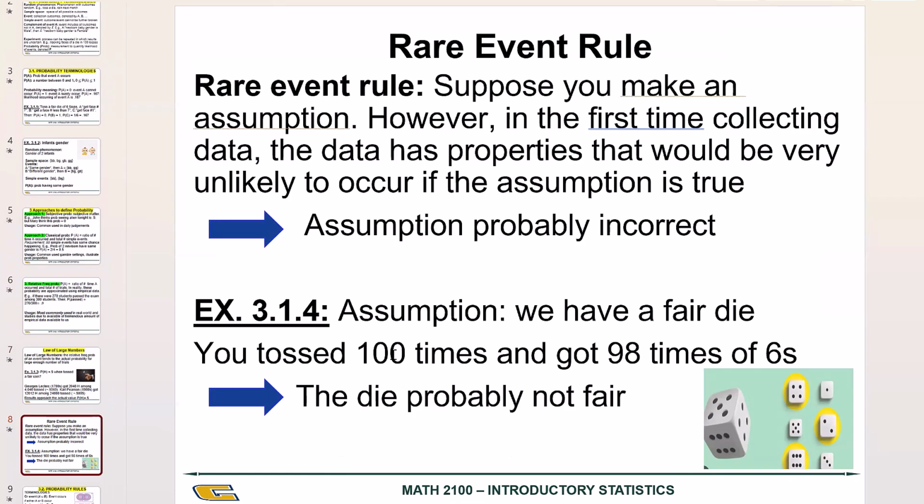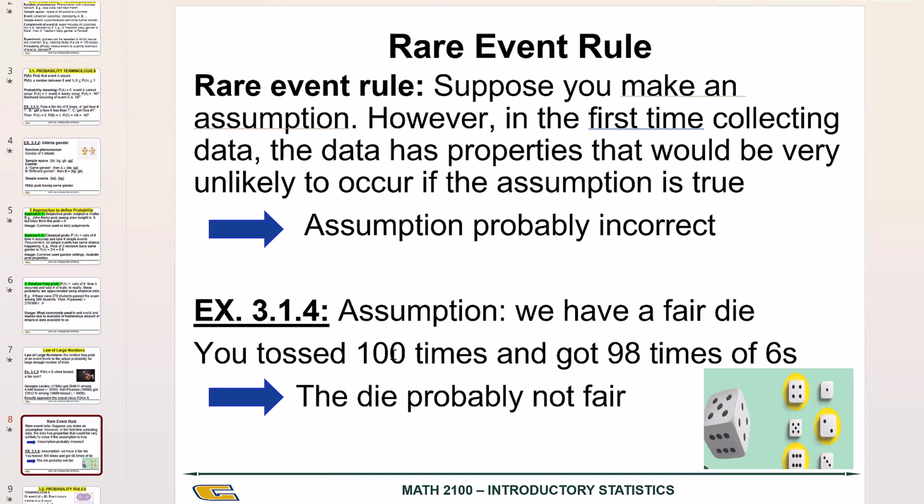The rare event rule tells us that if you have an assumption, and to verify the assumption you collect data, but the first time you see that the data has some weird property which is very unlikely to occur if your assumption is true, then you can conclude that the assumption is probably incorrect.